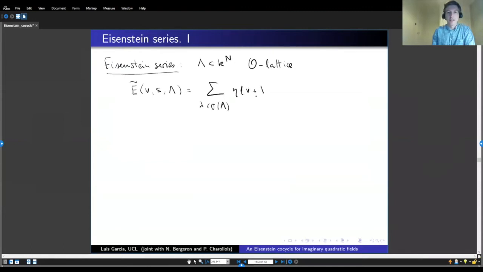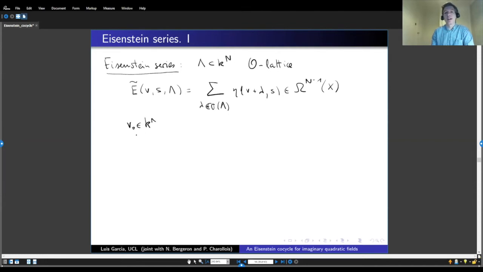There is also this translate by this vector p. This is an n-1 form on X. And okay, you can of course do the same version with coefficients, but maybe I won't write it every time.